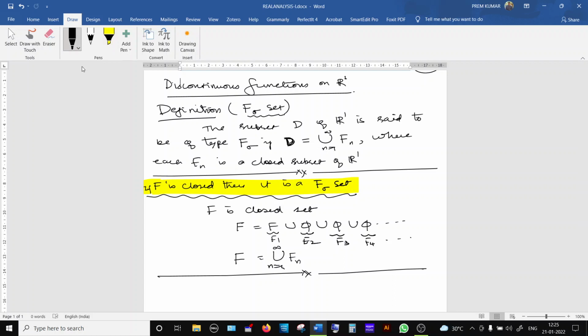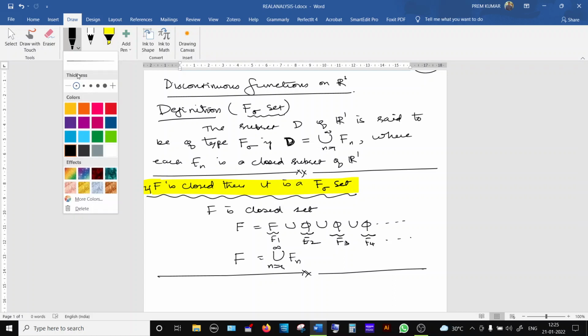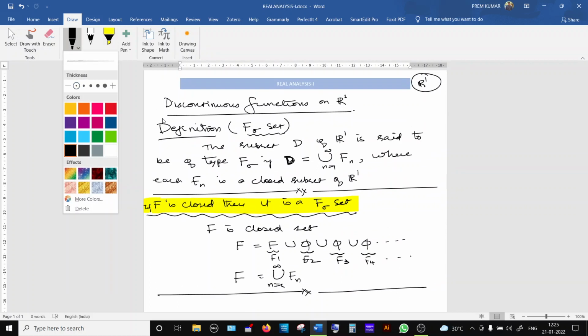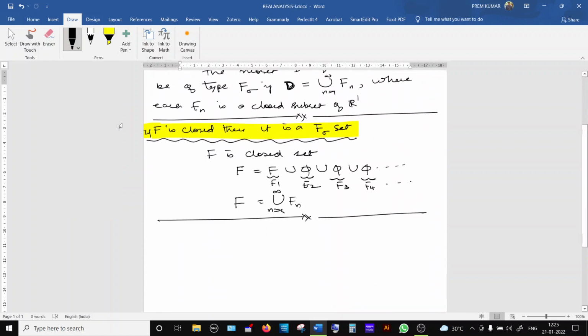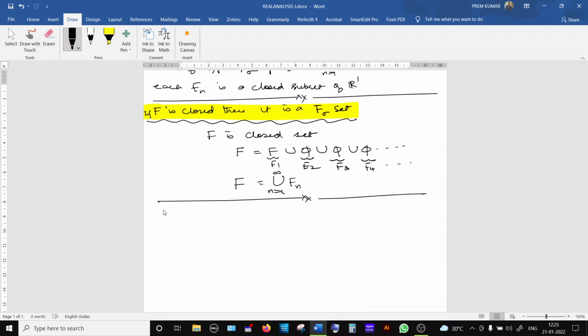Now the next one: what about open intervals, whether they are F sigma sets or not? So the next one is, any open interval. You can write it as note 1, this is note 2.